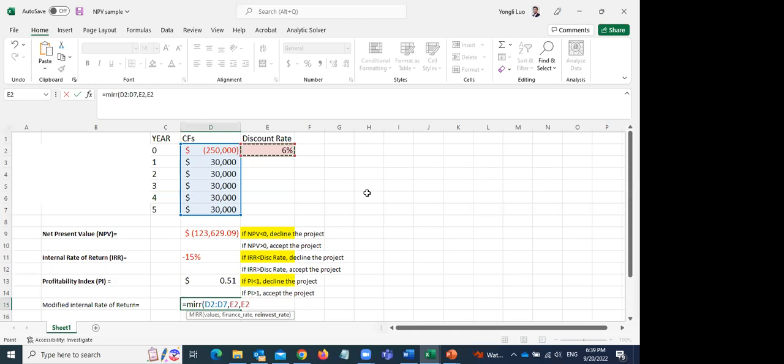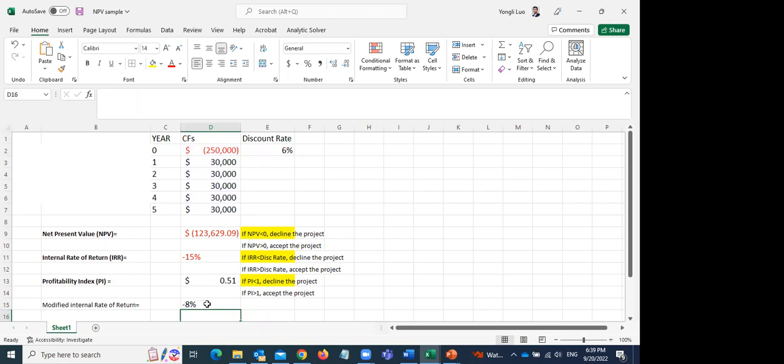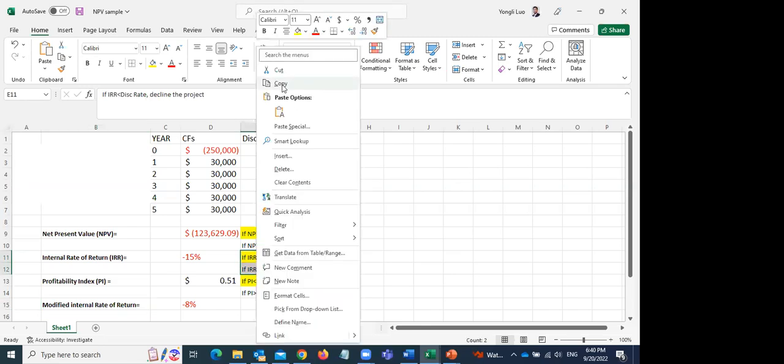So you can do the modified internal rate of return. You got that number, which is -8%. So it's the same like the internal rate of return.